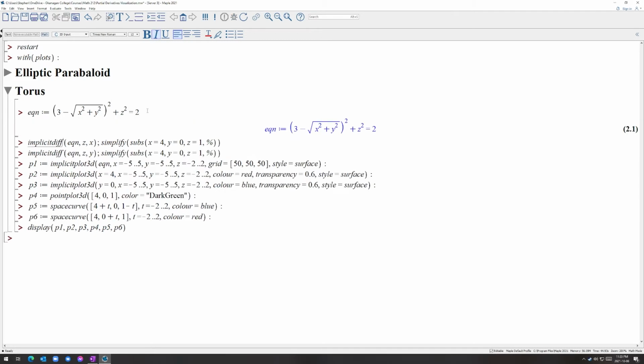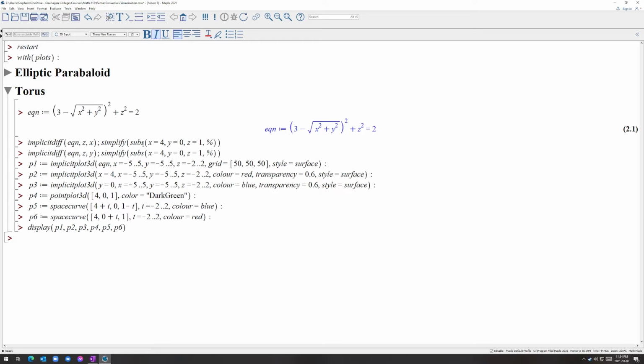And why don't we take a look at how we compute derivatives implicitly in Maple? It's actually just using the implicit diff command, which is what we're usually using in single variable calculus. It's exactly the same command. We give it an equation that we're trying to differentiate, and then we have to specify that we want z as a function of x. This is going to compute del z by del x.